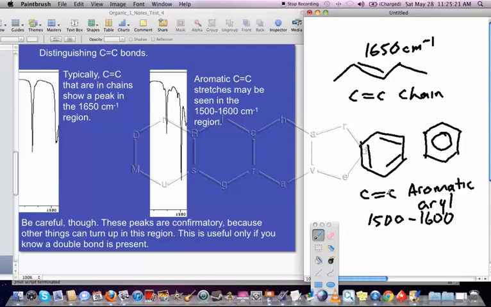Unfortunately, in the 1500 to 1600 region, you begin to see other things occurring as well. So it's not really what I'd call a diagnostic peak because of the possibility of mixing it up with other peaks.